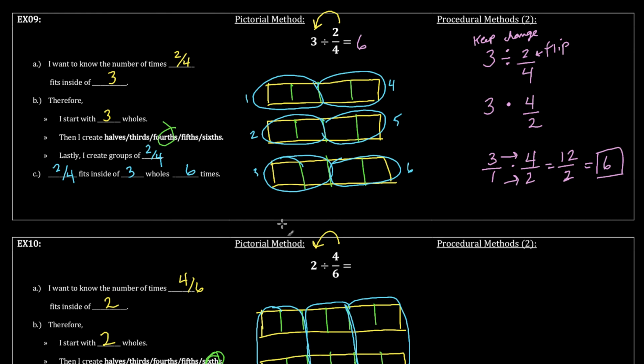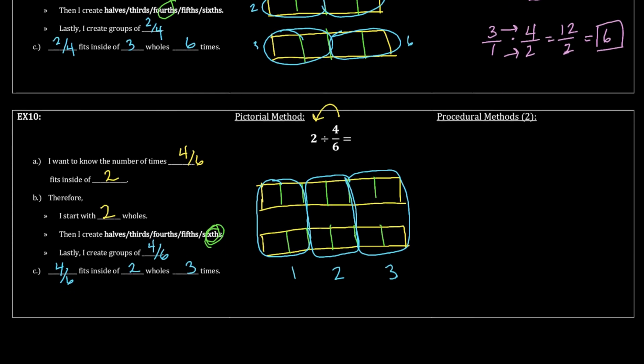The reason why this works is because we had 3 wholes, and then we multiplied each of those by 4, and that would give us 12/4, and then we split the fourths into groups of 2. So 3 wholes times 4 gives us 12, divided by 2 gives us 6.